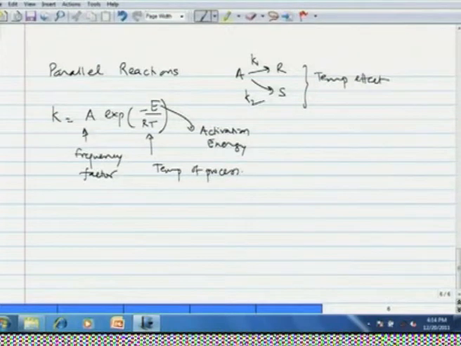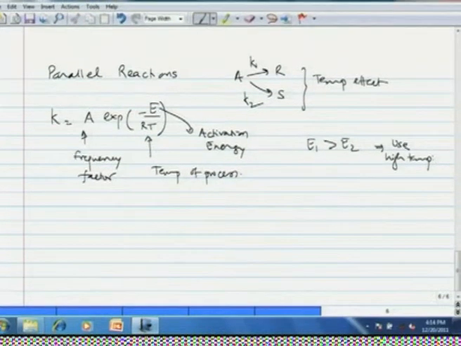Now, if E1 is greater than E2, that is, if the activation energy for the A to R reaction is higher than the activation energy for the A to S reaction, use of high temperature will favor the desired product, because due to high E1 the rate will increase faster with temperature compared to the second reaction.